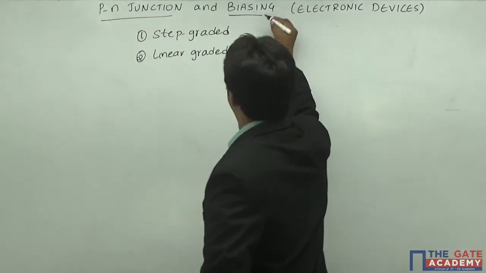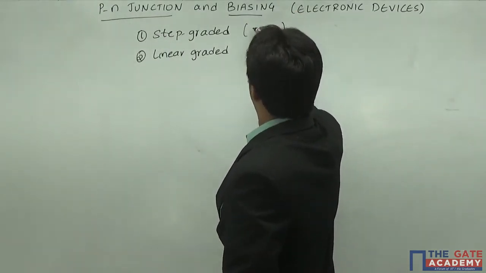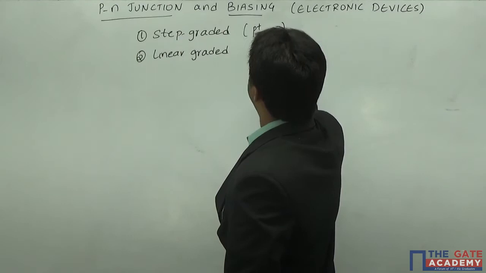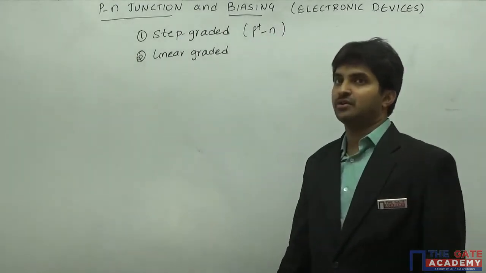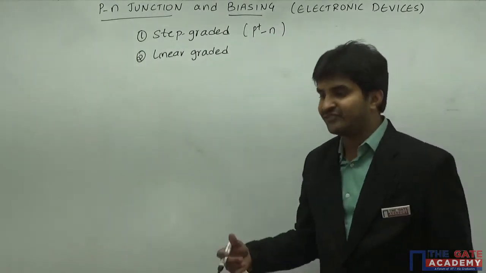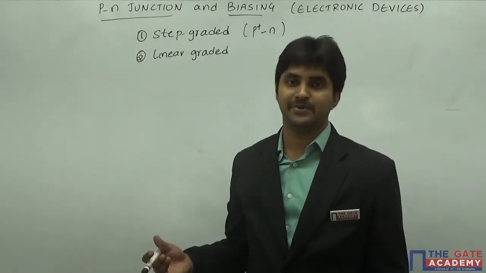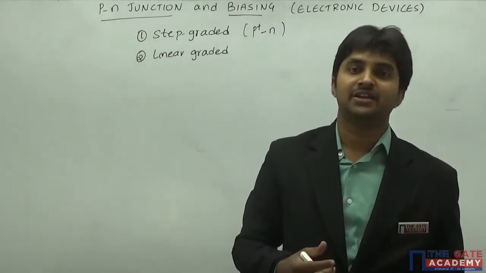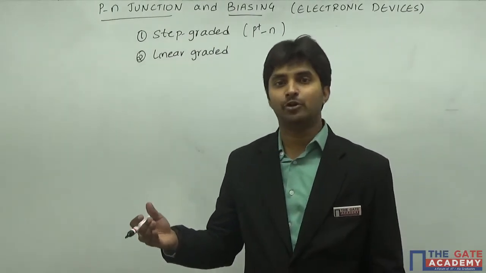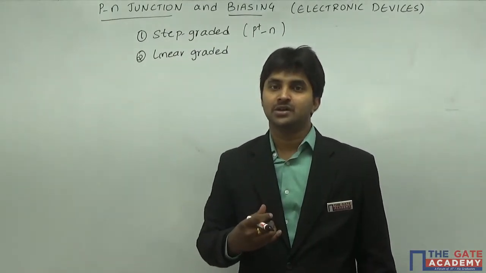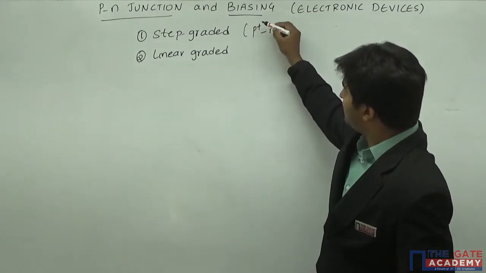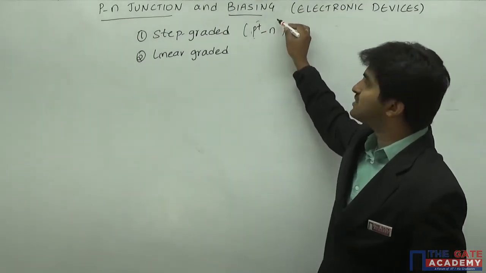In the case of a step graded PN junction, one region is going to have higher doping when compared to the other region. When we studied extrinsic semiconductors, we saw that there are three levels of doping, right? High level doping, moderate level doping, low level doping. Now we are seeing that one region is highly doped when compared to the other region.